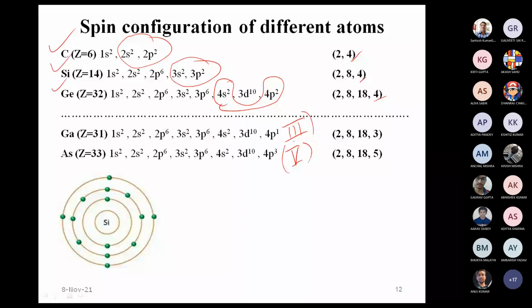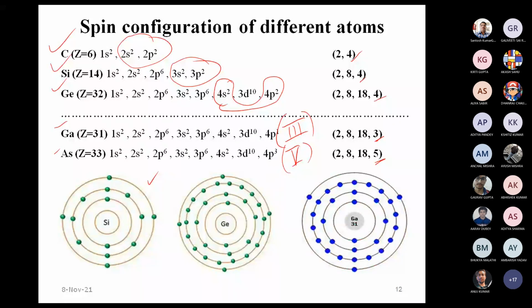Important elements, gallium and arsenide, have electronic configurations shown here. Gallium has 3 electrons in its outermost orbit, and arsenic has 5 electrons in its outermost orbit. The electronic configurations can be seen like this for silicon, for germanium, and for gallium.